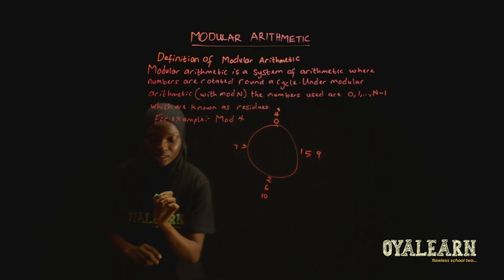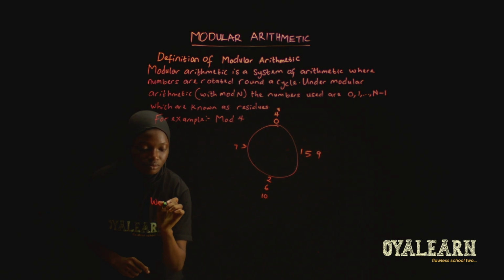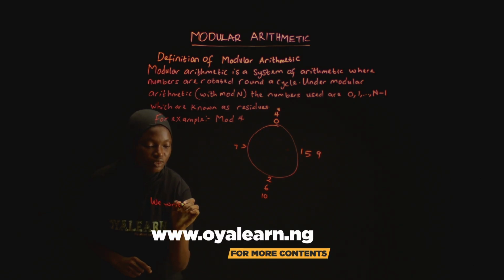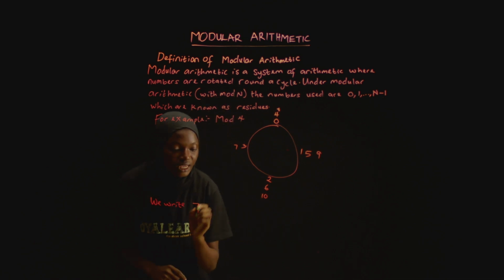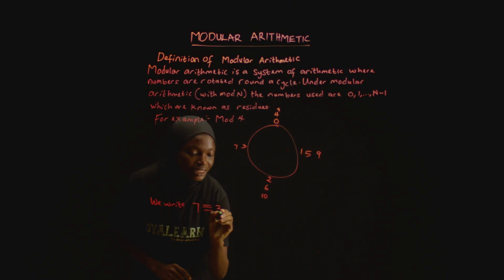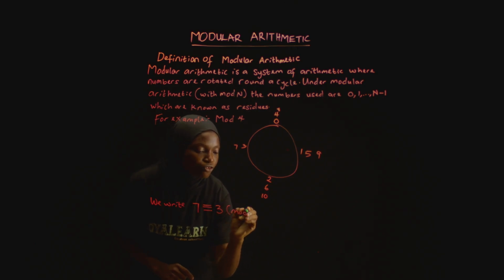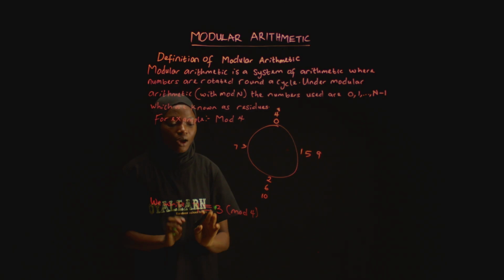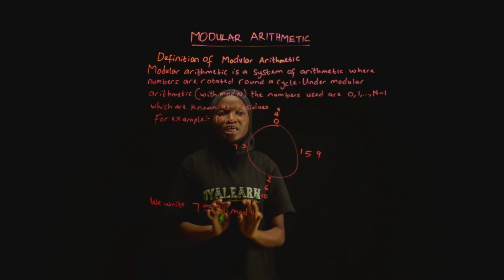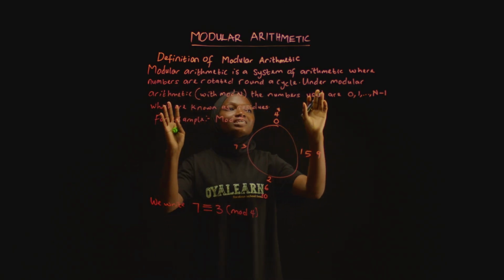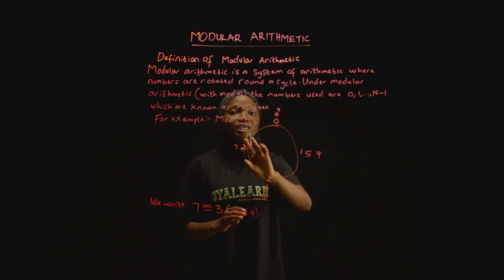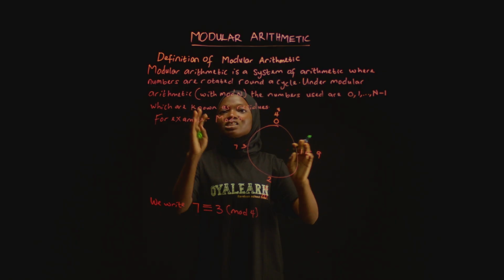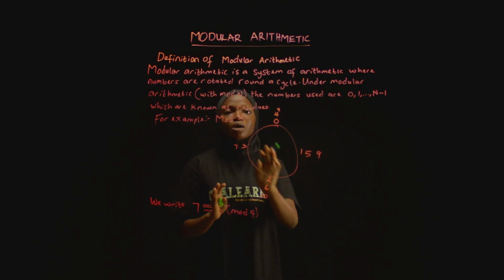Now here we write it like this. 7 here is equivalent to 3 in mode 4. Now, why am I bringing this out? We said modular arithmetic is a system of arithmetic where numbers are rotated round a circle. Under modular arithmetic mode n, for this example, we are looking at mode 4.